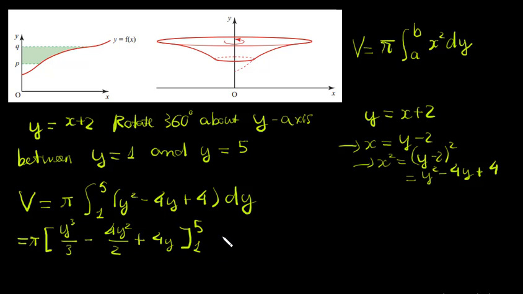So we have this one equal to 35 over 3 pi out here minus 7 over 3. When we substitute 5 into here, we get 35 over 3, and when we substitute 1, we get 7 over 3. So the volume of this one equal to 28 pi over 3.